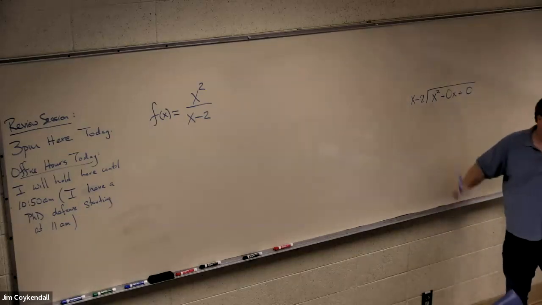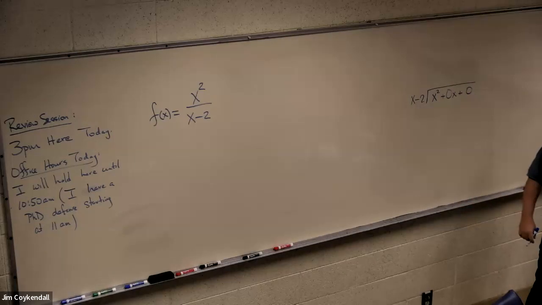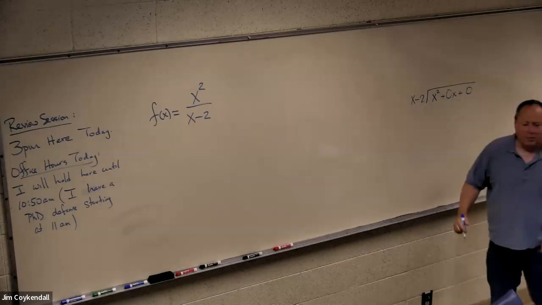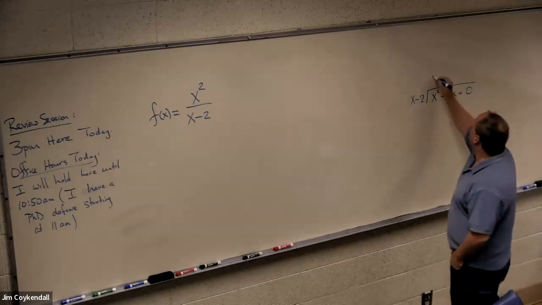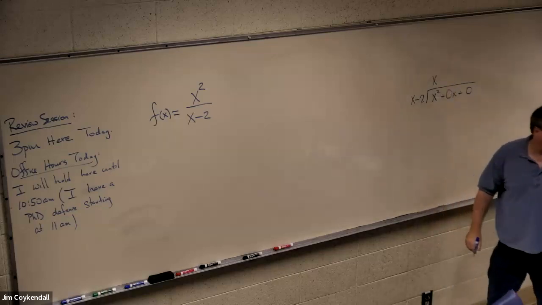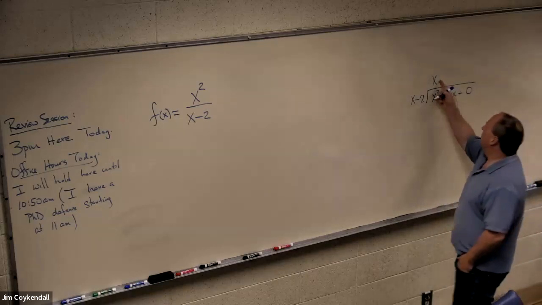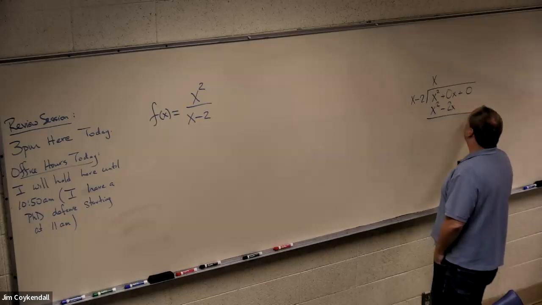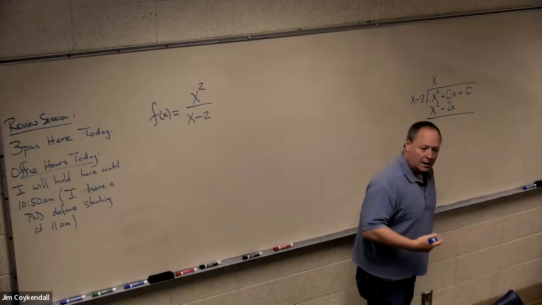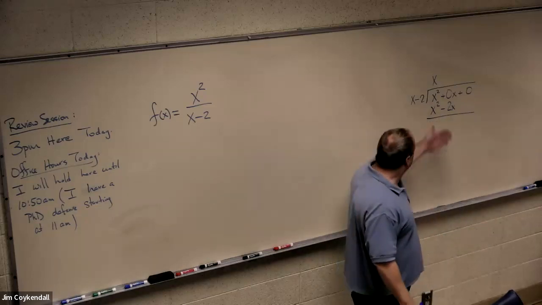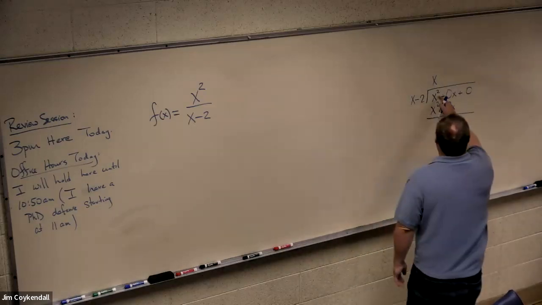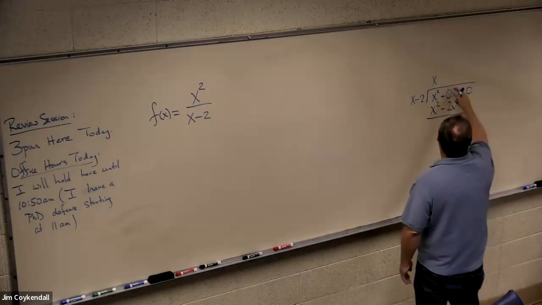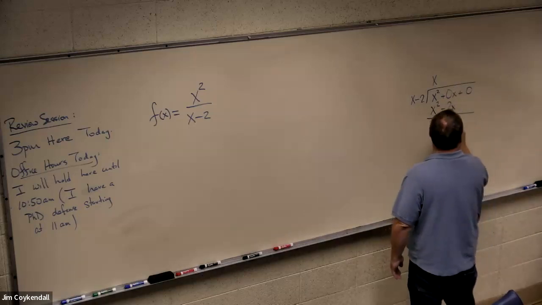How many times does x go into x squared? You multiply x by x to get x squared, right? So this becomes x squared minus 2x. And just like you were doing old fashioned long division, you subtract. x squared minus x squared is 0. 0x minus 2x is 2x.